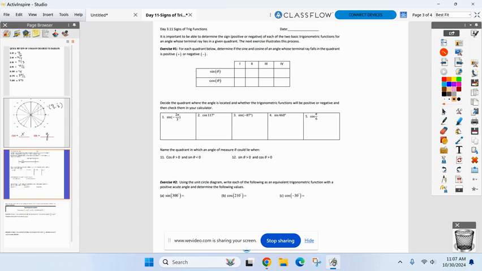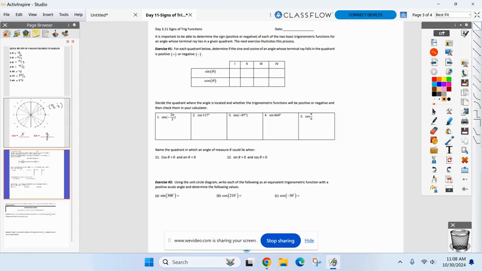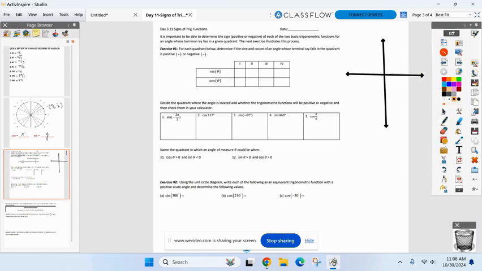Let's go to the first quadrant right now. Let me draw the quadrants up here. Here's your first quadrant. I want to know sine and cosine. Which coordinate is sine again? The y coordinate, right? And cosine is your x coordinate. So look on my quadrant 1 up here. What do you know about the x coordinates and the y coordinates?